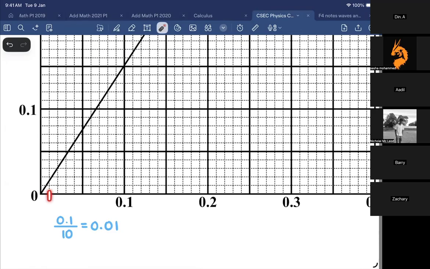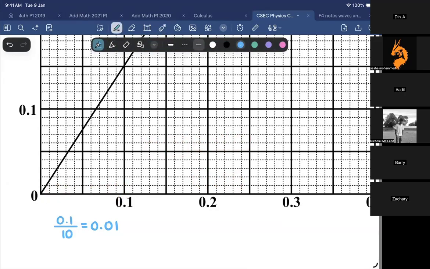This could be 0.01, 0.02, 0.03, 0.04, 0.05, 0.06, 0.07, 0.08, 0.09, and what will the last one be? 0.010, but you just remove the zero at the end. So it'll be 0.1. Exactly. So it will be 0.09, and then you add 0.01 and you get 0.10. Cool. Glad you understand that. So every small block is 0.01.